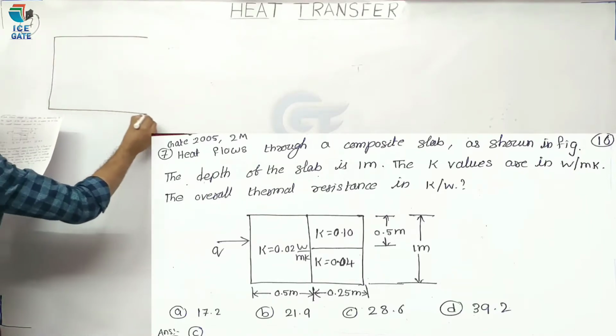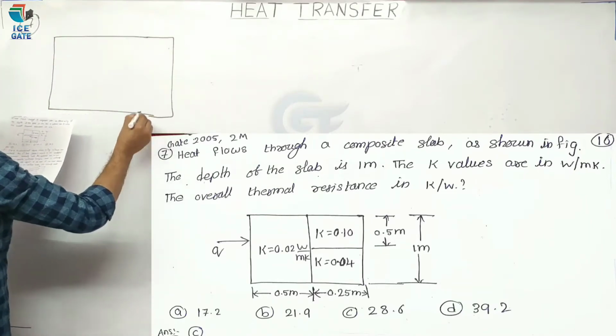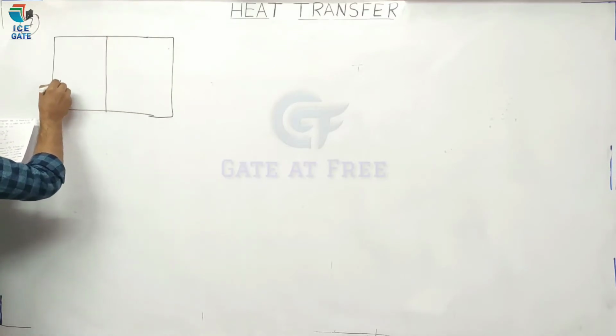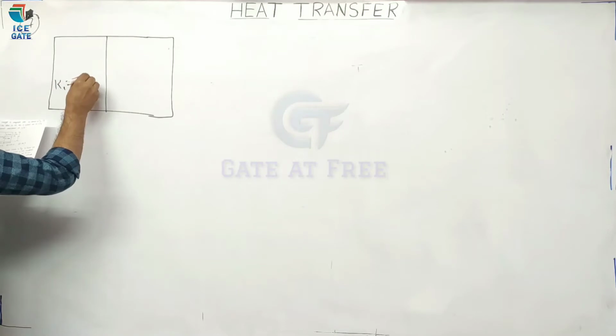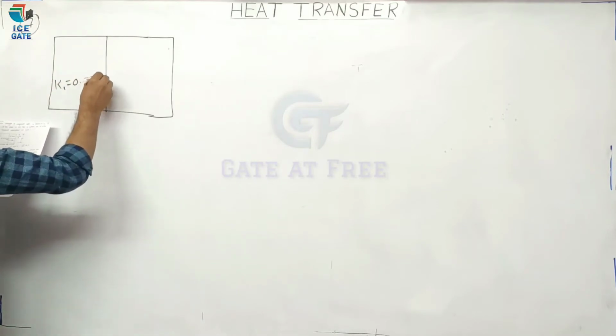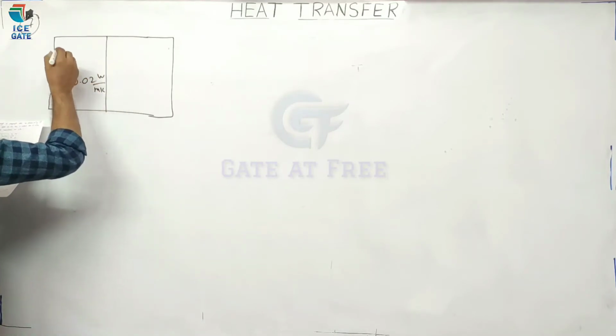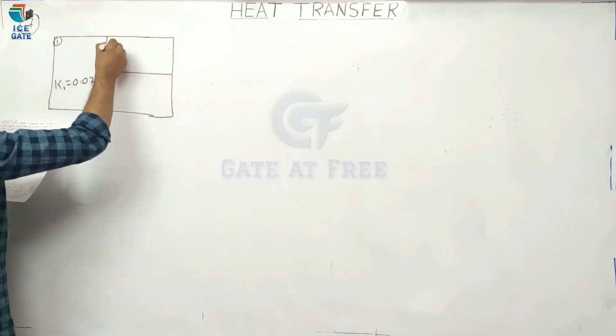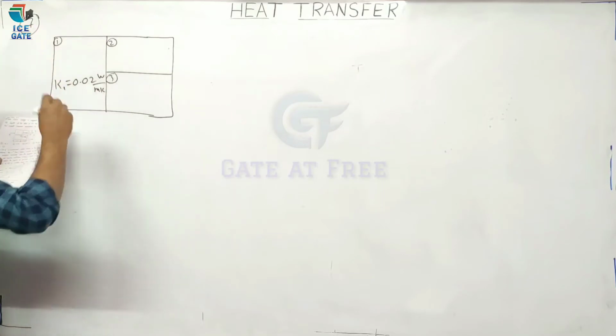Now draw the diagram. This is the first slab. K1 is equal to 0.02 watt per meter Kelvin. Say this is first slab, this is second, and this is third.